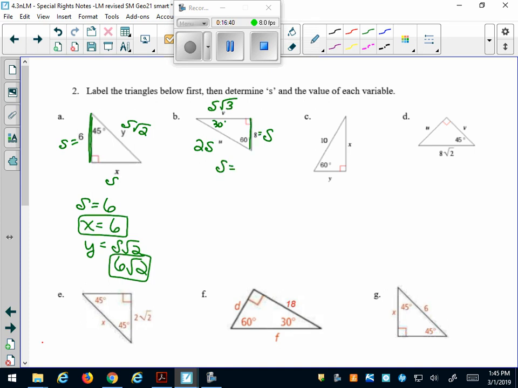So again, basically they've told us what S is. Well, if S is 8 and U is 2S, we're just going to do 2 times 8, which is 16. And then V is S root 3, so we're just going to make it 8 root 3.